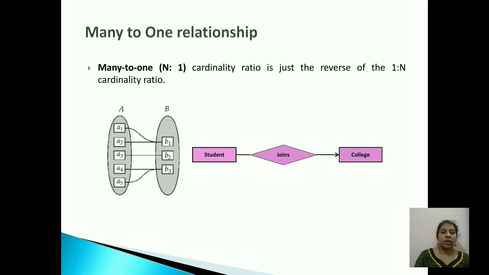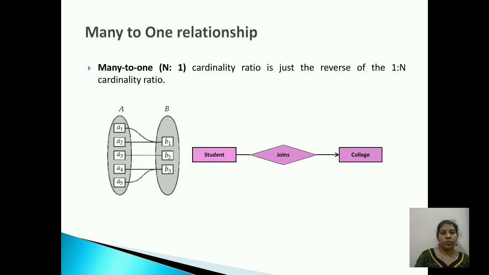If I read college to student with the joins relationship, then it will be one to many. And if I take students to college, so many students in one college. Okay, so many to one. So if you just change the direction, then you'll get a one-to-many or many-to-one relationship.